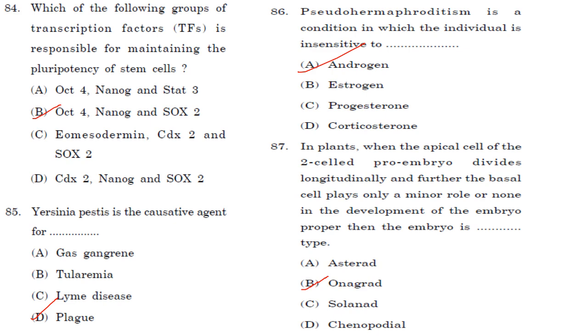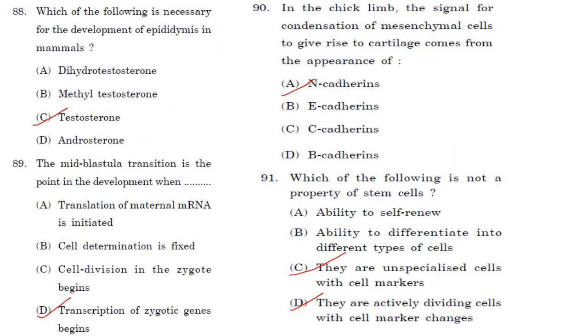Answer is option B. Then next one. Which of the following is necessary for the development of epididymis in mammals? It is testosterone. Answer is option C.